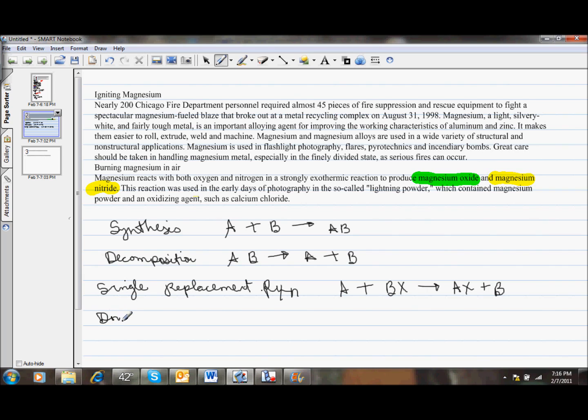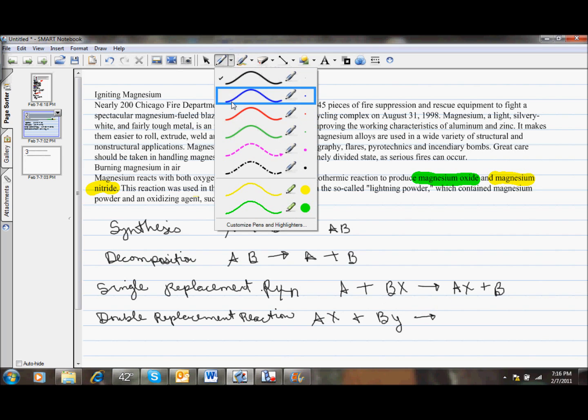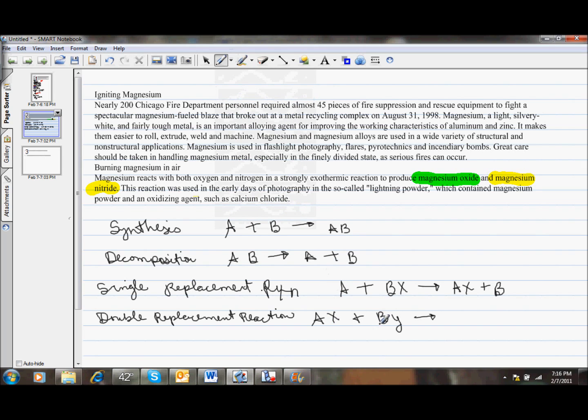You also have your double replacement reactions. In double replacement reactions, if we have compound AX combining with BY, and again, these are generic formulas, what we know will happen is that element B will replace element A, and element A will replace element B in this reaction, if it does occur.